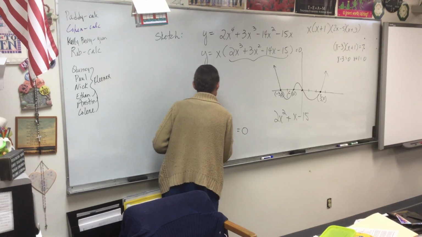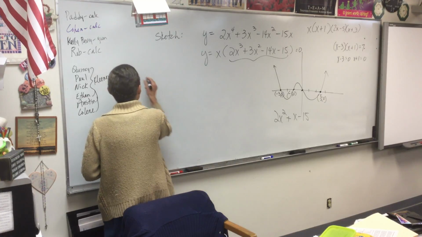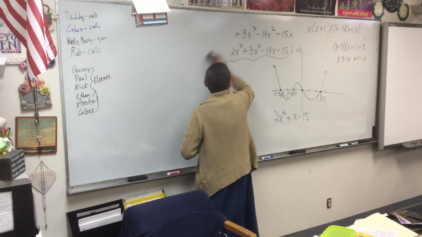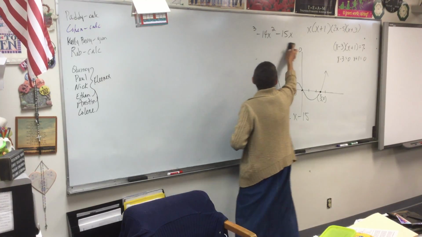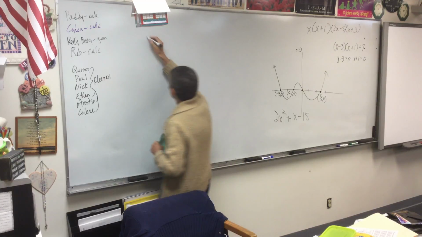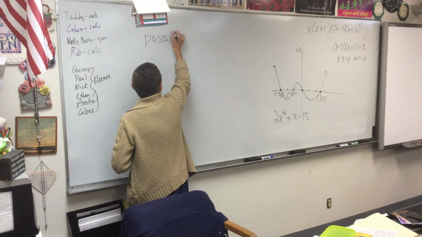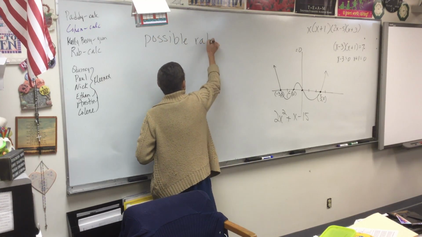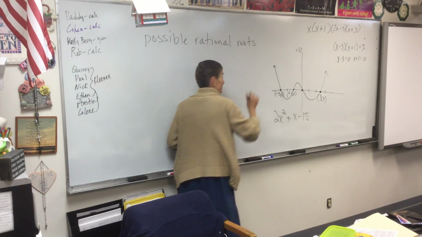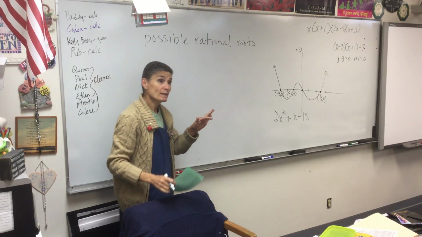So I do want to share, I think you know this already, but you may have forgotten it. I want to share with you the idea of possible rational roots. Oh, I shouldn't have erased my problem. Oh well. Possible rational roots. Now, what that means is, if you are faced with guessing, and when do we guess?